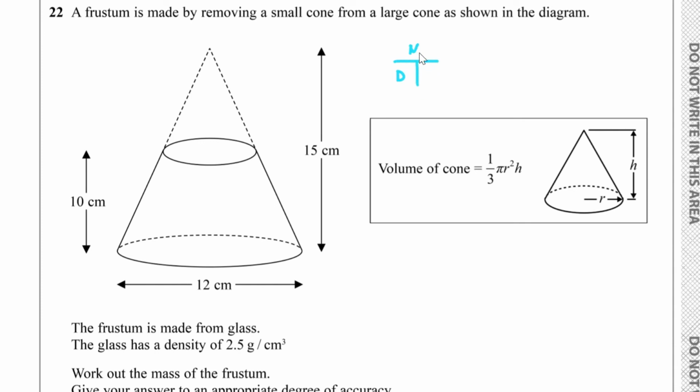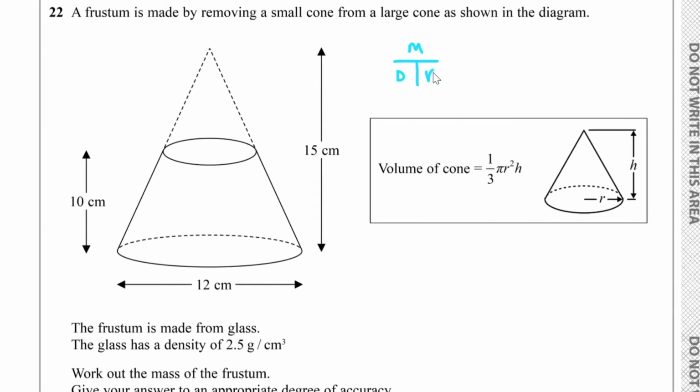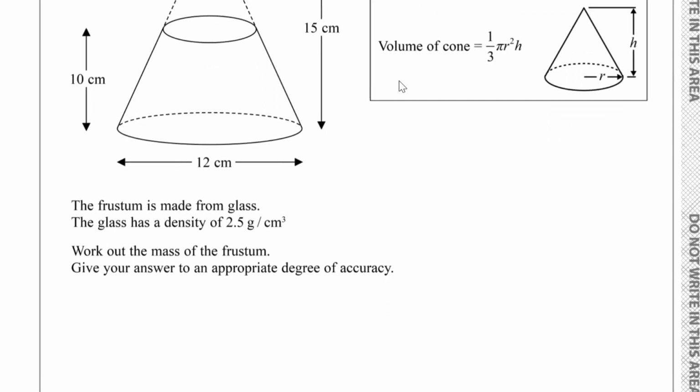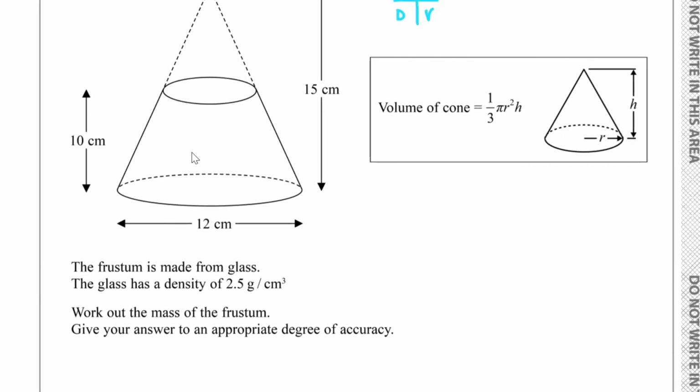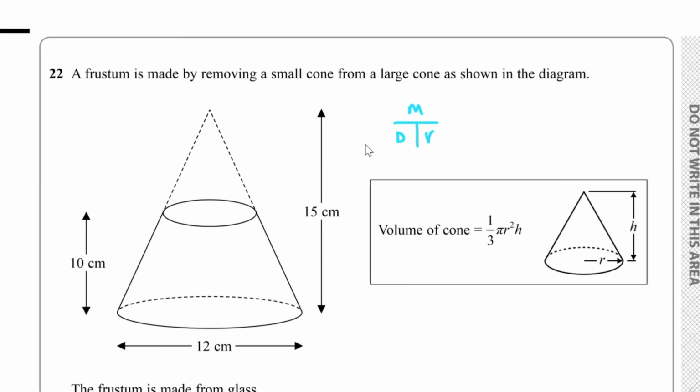Density is equal to mass over volume. So we need to find out what the volume is to find out what the mass is, because we already know the density. So we can do that by finding out the volume of the large cone, the volume of the smaller cone here, and then subtracting them both will give the volume of the frustum, and from that we can find out the mass.